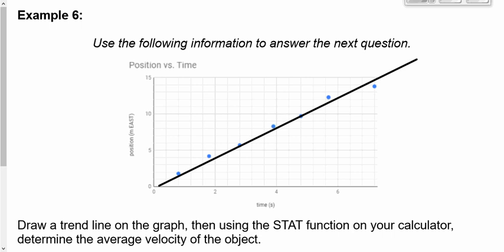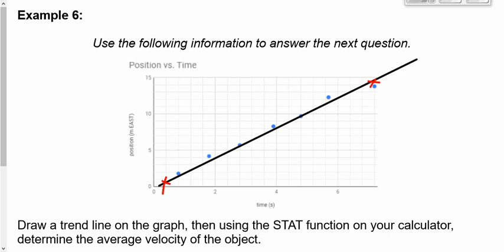The beauty of the technique that I want to show you is that your trend line doesn't actually have to be perfect. In the old days, we had to draw our trend line really, really good because we would take 2 points on the line and then calculate the slope of that line. So if our trend line was off a little bit, our slope was off a little bit, right?